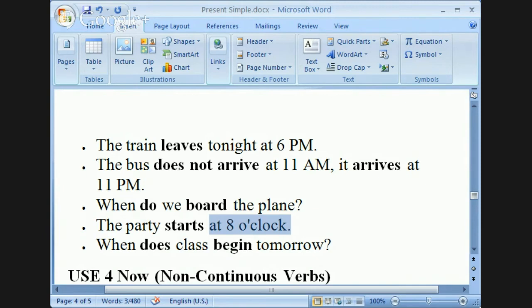Probably you would use an infinitive there, to sleep. Oakley goes to sleep in 1 hour. Now that would be perfectly natural. My kids go to bed in 1 hour. That's very, very natural.